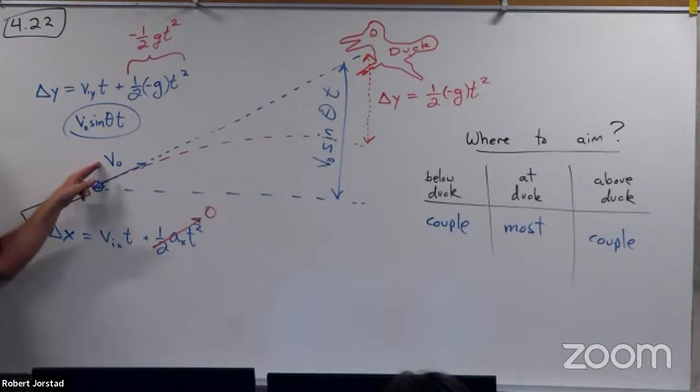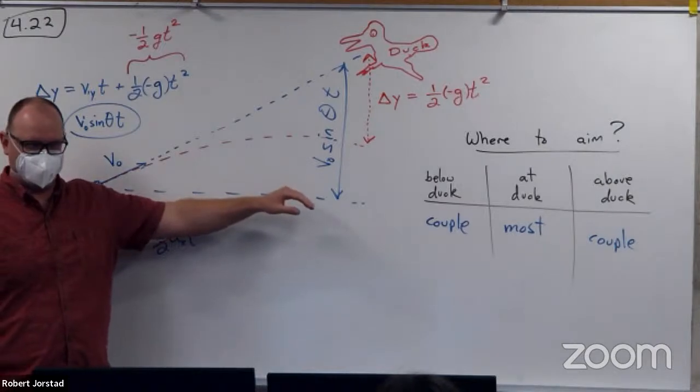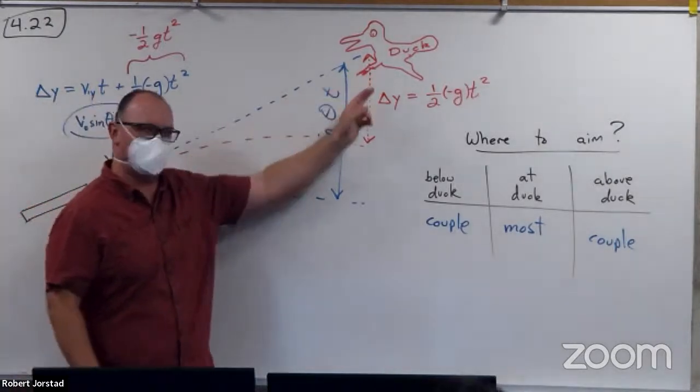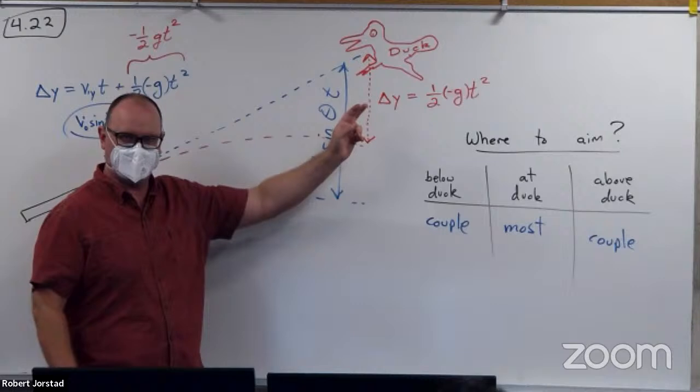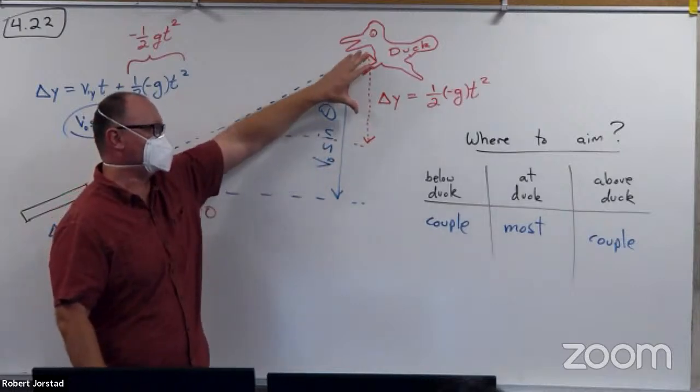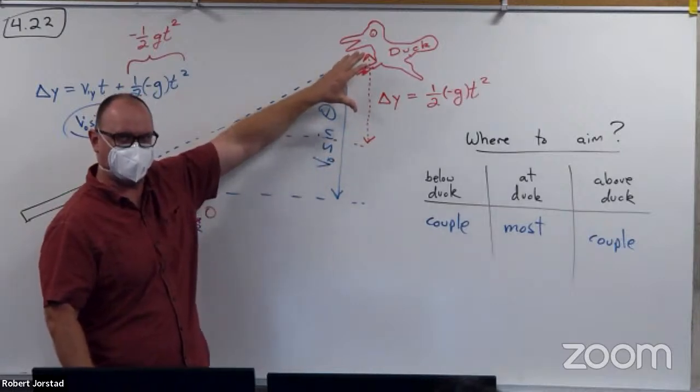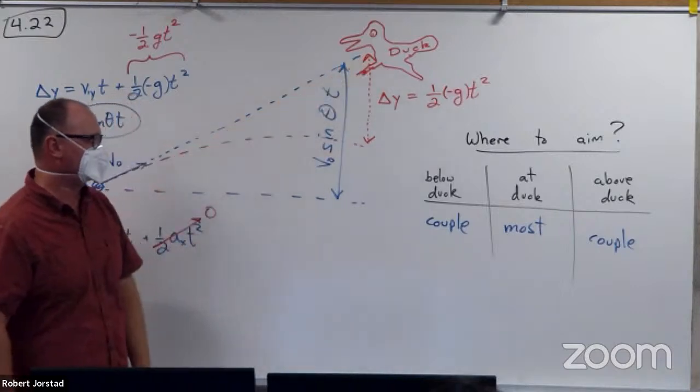Okay, if V initial is smaller, what should happen? Do you agree it's going to take longer to get there? So what should happen to how far the duck goes? Will the distance the duck falls be the same, or will the duck fall more, or will it fall less?